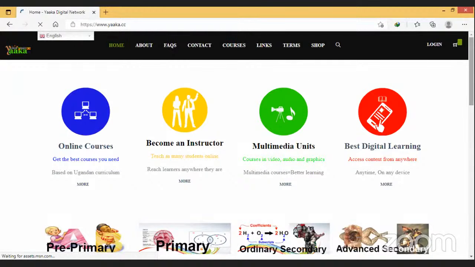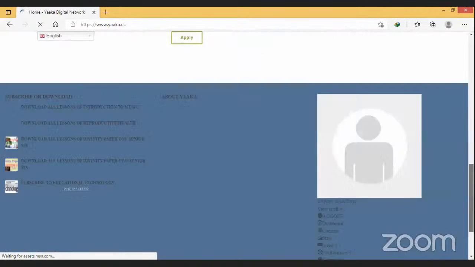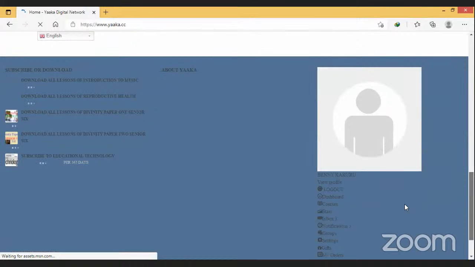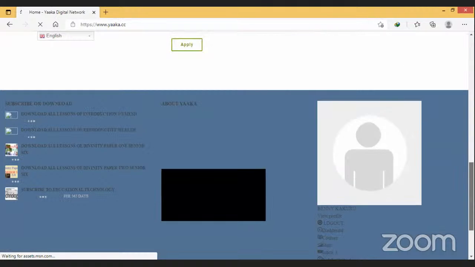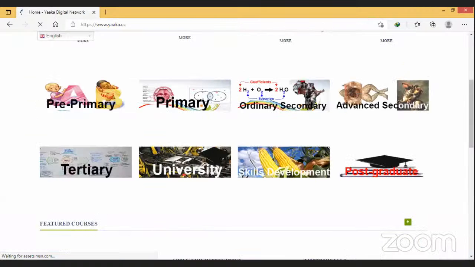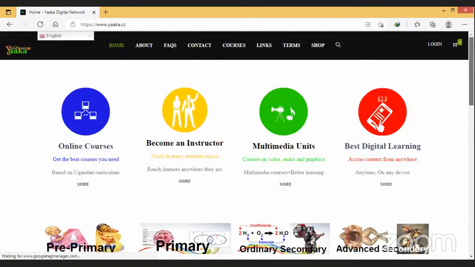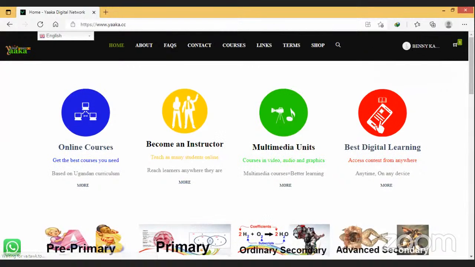So once it has loaded, you now scroll down. Actually, I'm already logged in. So it might take me directly to my courses because I'm already logged in. Let's wait and see how it will behave. It might take me directly.